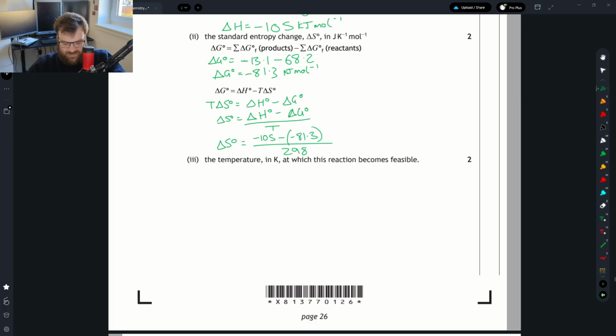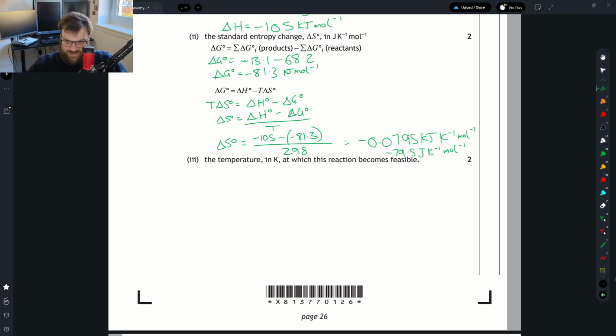Pop that in, that will give minus 0.795 kilojoules per Kelvin per mole, or times that by 1000 to get minus 79.5 joules per Kelvin.